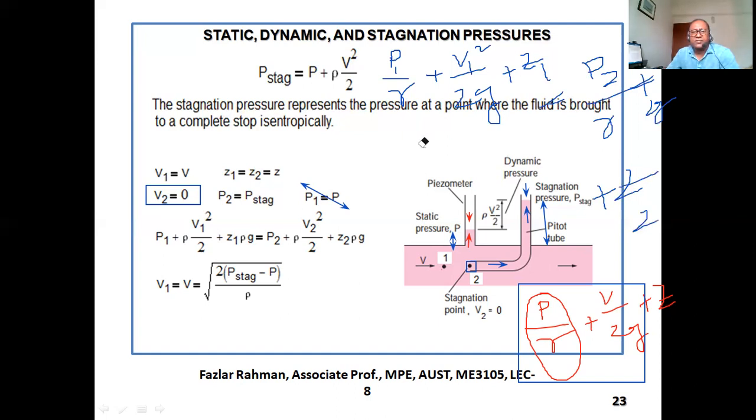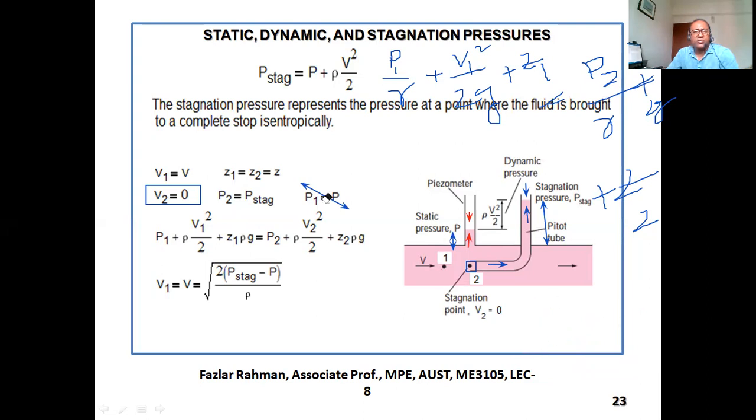Now you see Z1 and Z2 in both cases are the same, so they will cancel out. V2 you make 0, so V2 will also be out. So finally, what are we getting?